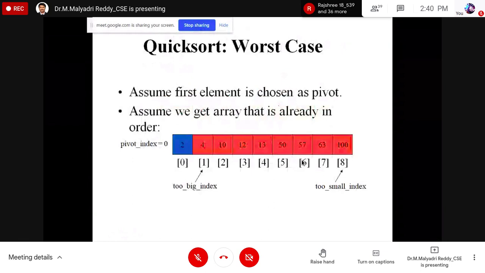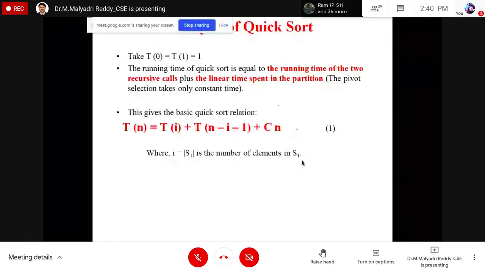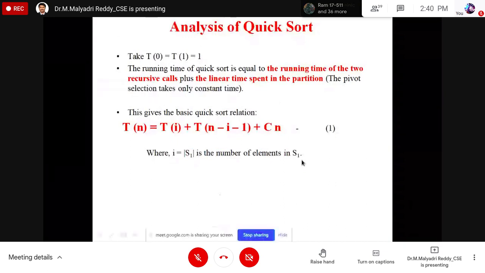Next I have to check the complexity, or analysis, of quicksort. Whenever we execute any program, it is mandatory to analyze the algorithm, that is, how much time it will take to sort. If the array has one element, its complexity is one unit of time.